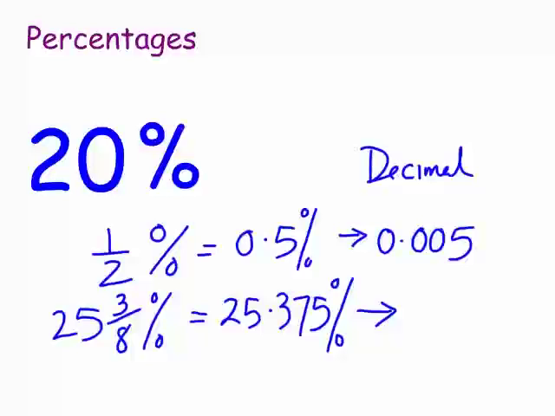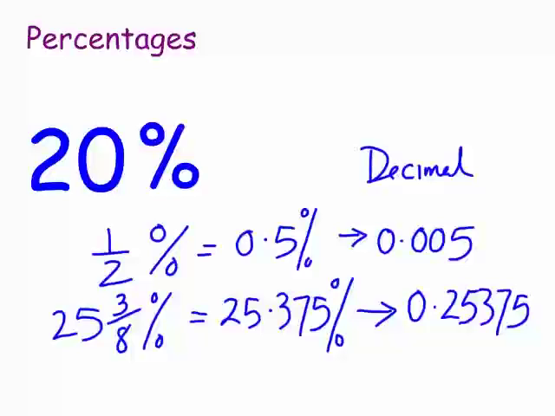So it's, as you can see here, 25.375 per 100. And we'd then convert it by moving the decimal place 2 places to the left. So it becomes 0.25375 as a decimal.